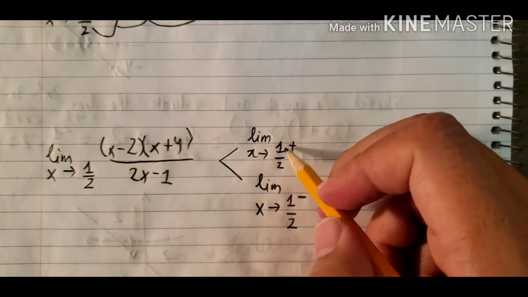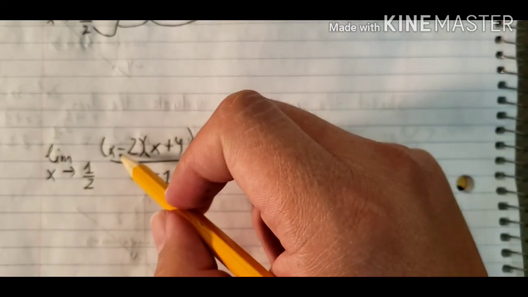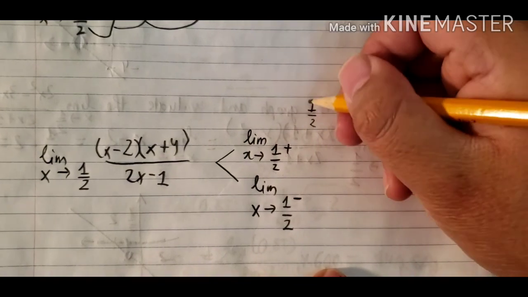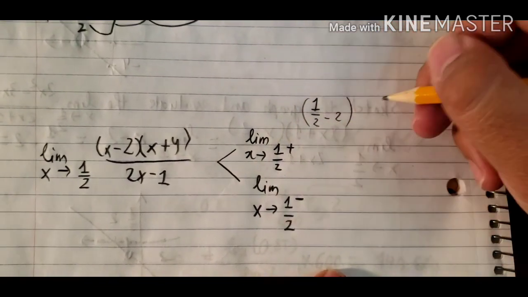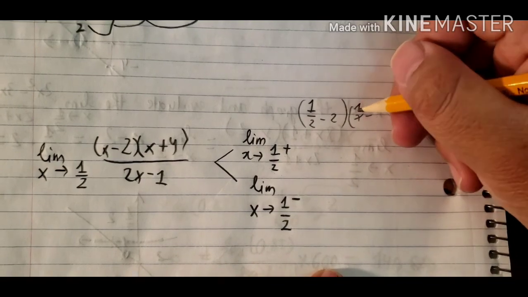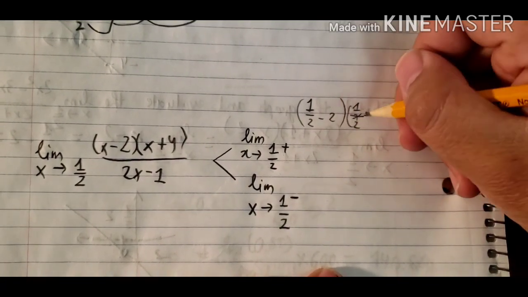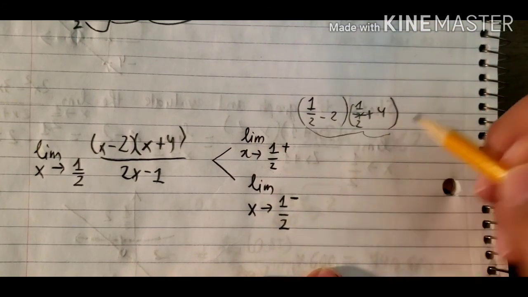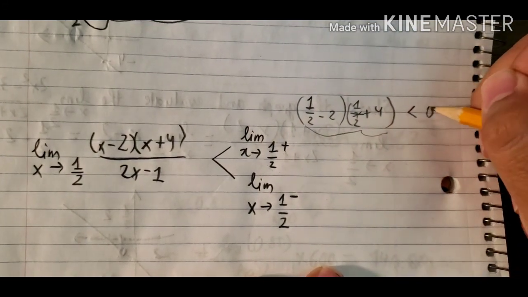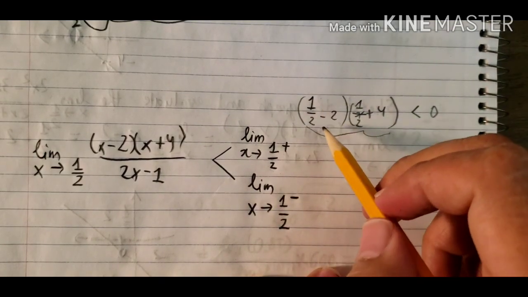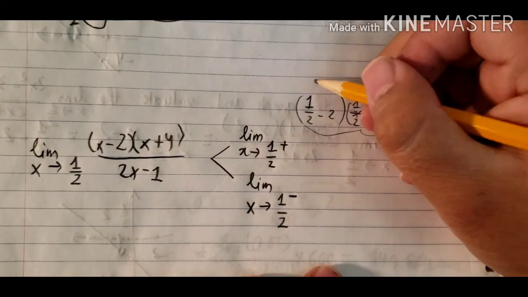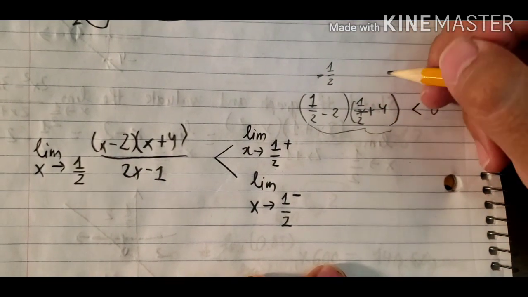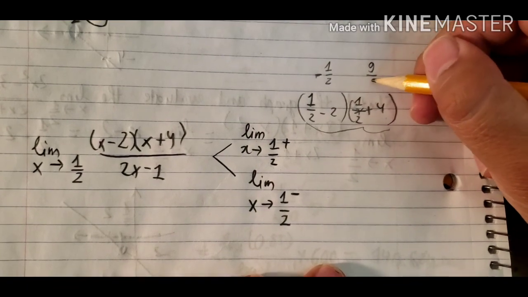So in here, when we put 1 over 2 in the s minus 2 and s plus 4, we know that if we multiply together, that becomes negative, because 1 over 2 minus 2 is minus 3 over 2. 1 over 2 plus 4 is 9 over 2.